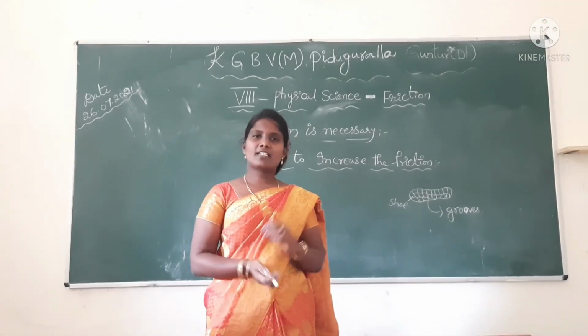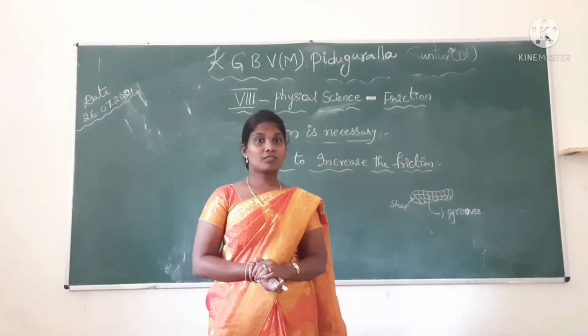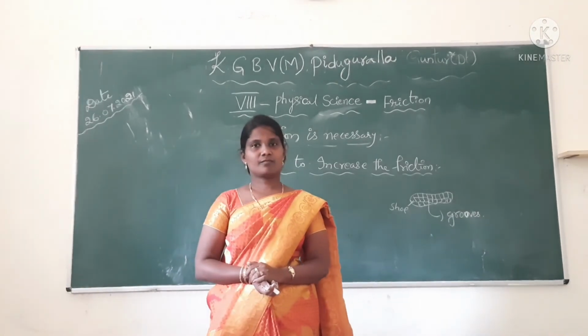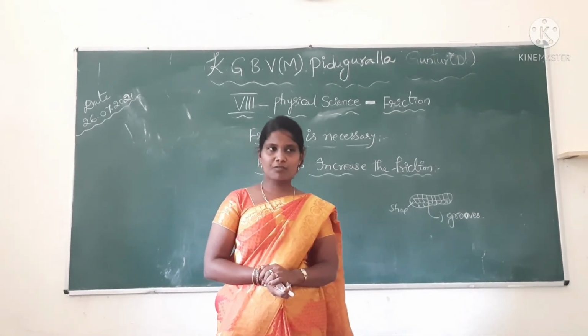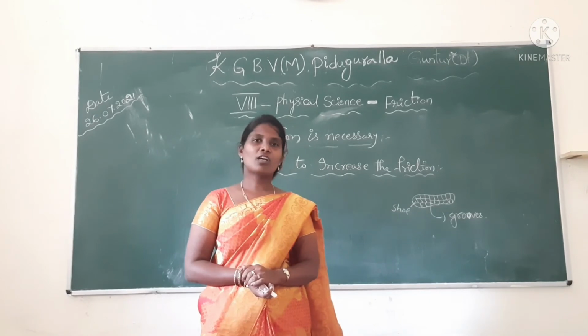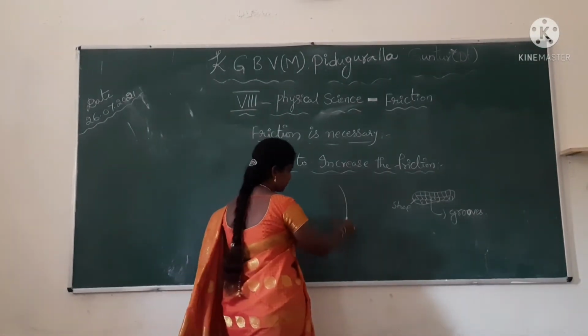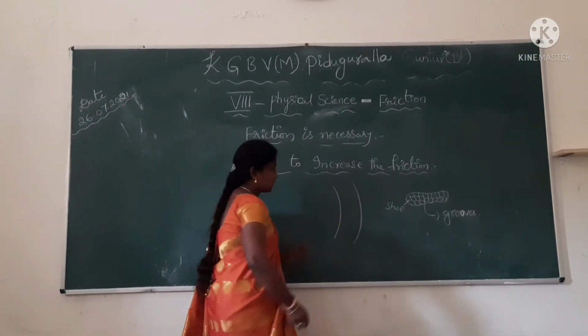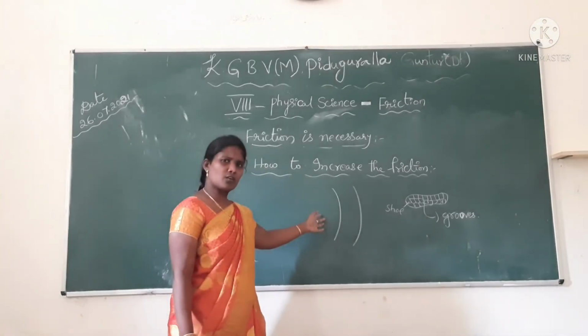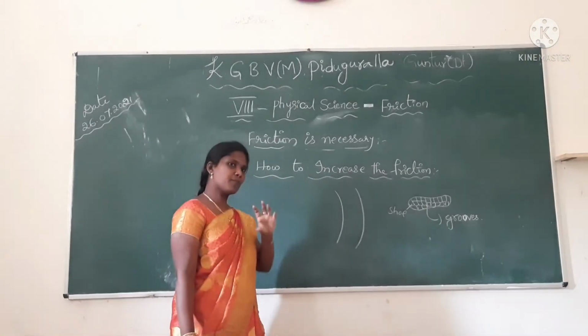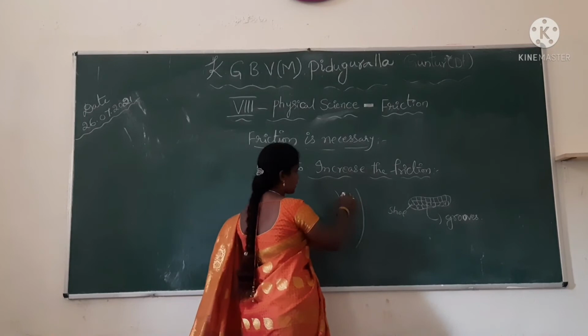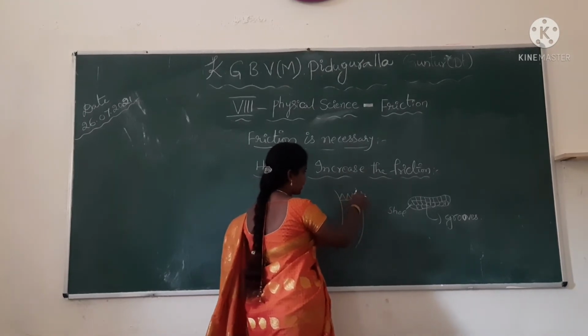In the second case we observe the tyres of vehicles. All of you know the tyres of vehicles, children? Tyres of vehicles are also designed with some shapes, triangular shapes, rectangular shapes.